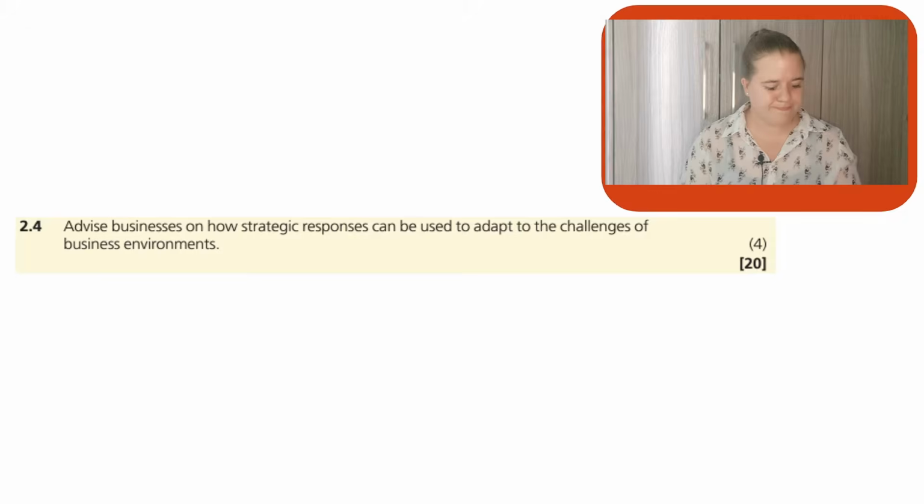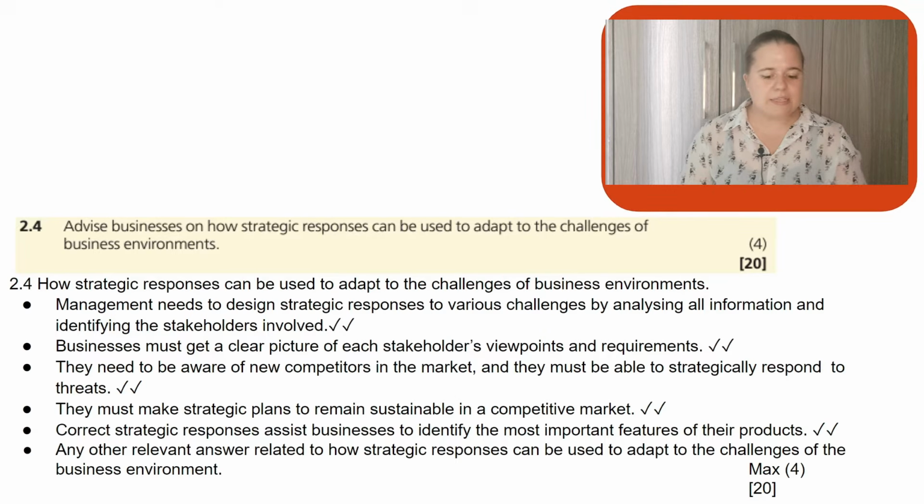All right. Okay, there is our answer. Now you see with this one, you get 2 marks for the whole sentence. So you could have used any of the following. Management needs to design strategic responses to various challenges by analyzing all the information and identifying the stakeholders involved. Businesses must get a clear picture of each stakeholder's viewpoint and their requirements.